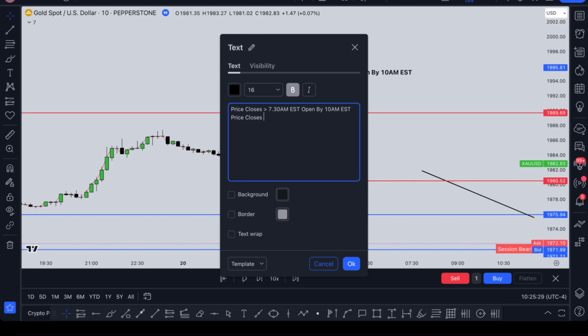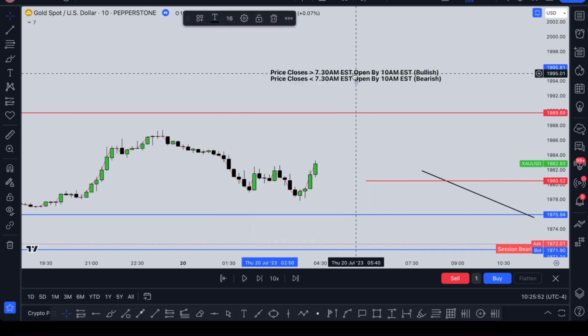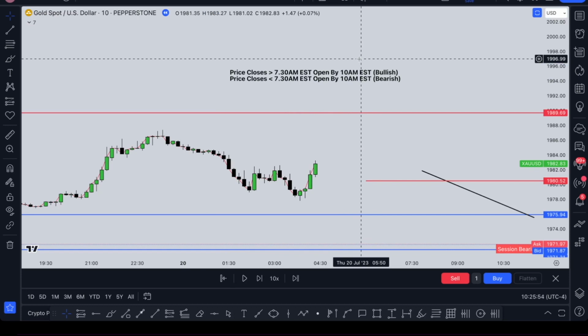For bearish, price closes below the 7:30 a.m. EST open by 10 a.m. EST. This is the qualifying condition that will tell you whether we are going to go long or short, and it's the condition to say that the predictor was right.